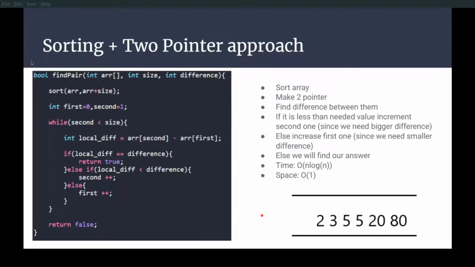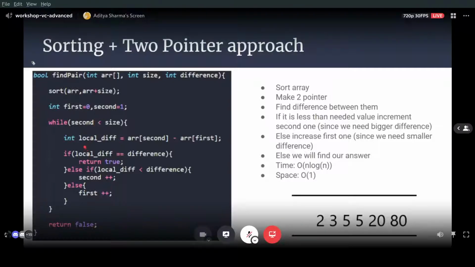His method was also fine. I have used a different method, but our methods are basically the same. First of all I'm sorting the array, so my time complexity will be n log n in this case. After that I have two pointers: here will be my first pointer, here will be my second pointer.